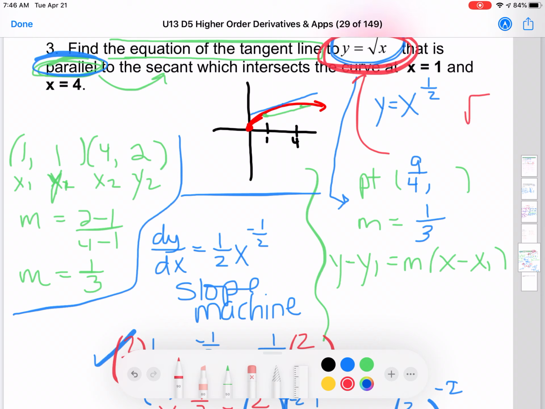So the square root of 9/4 is 3/2. So there's my x1 and there's my y1. Last step, let's plug into our point slope formula. y minus 3/2 equals 1/3 times x minus 9/4.